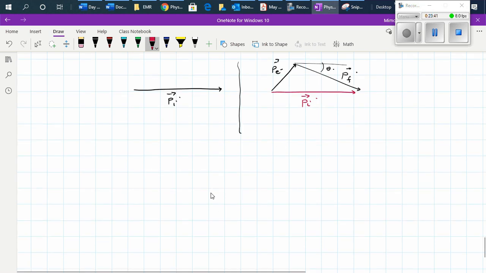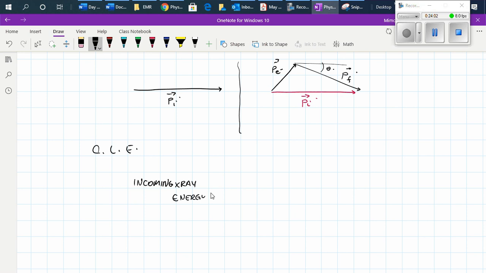And then if we apply the conservation law of energy, we will have the incoming X-ray energy is equal to the kinetic energy of the electron plus the scattered X-ray energy.